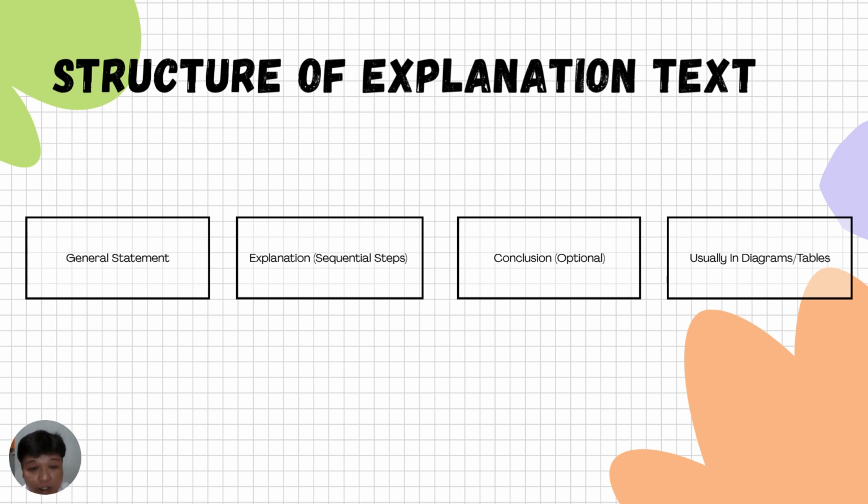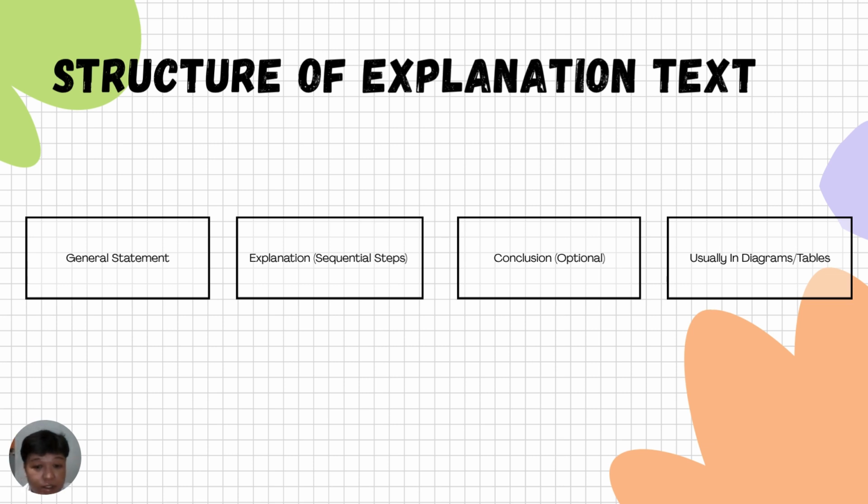is explanation. The explanation describes the steps or stages of how something happens, like the video that we just saw before.